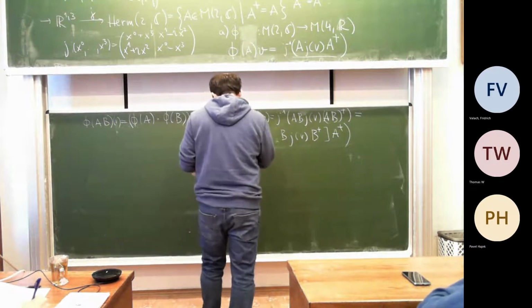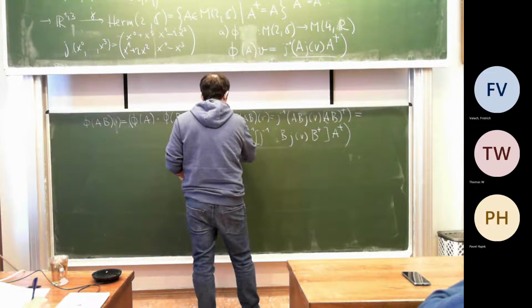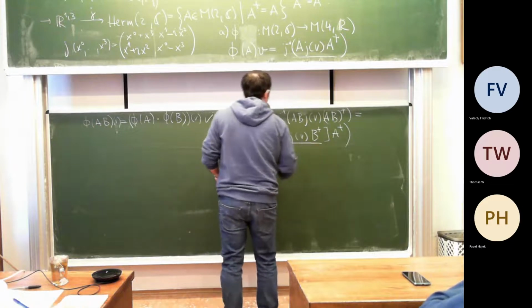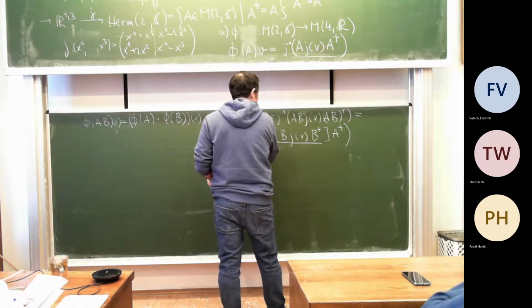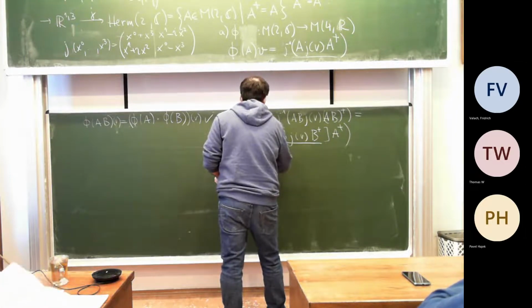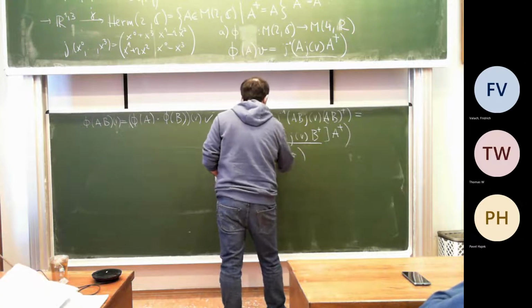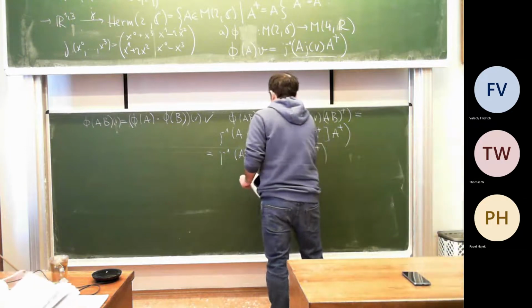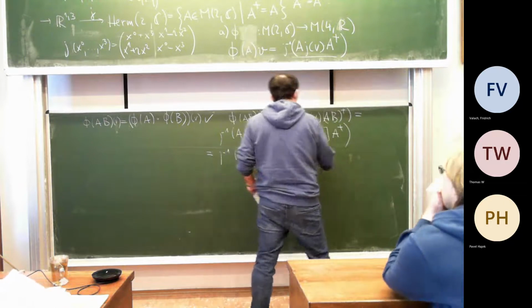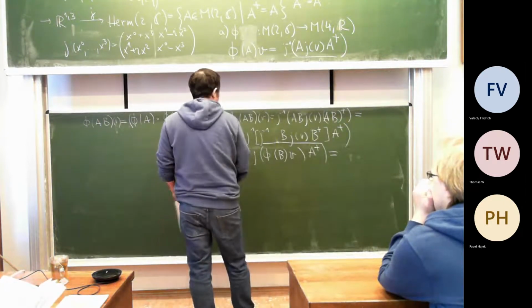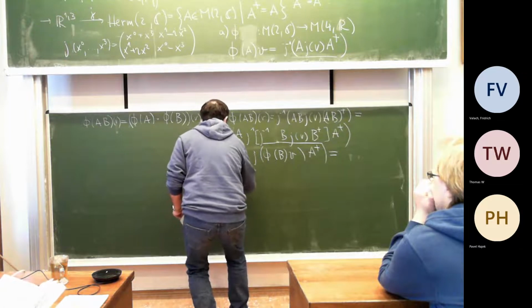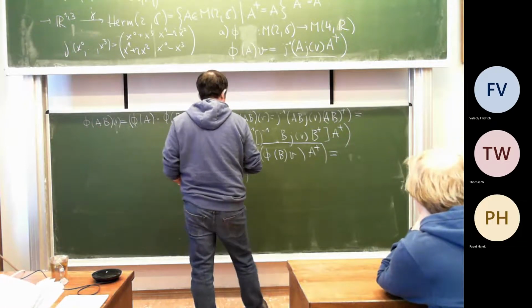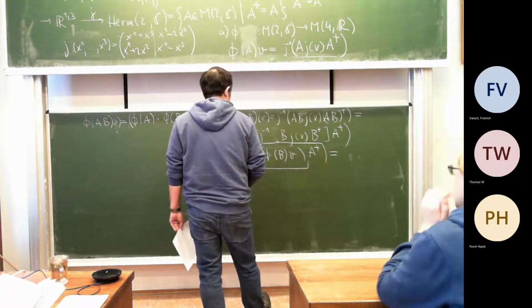And then you see that this is A of this, which is phi of B on V, and I must write this A dagger, and this inside is phi A on this vector.